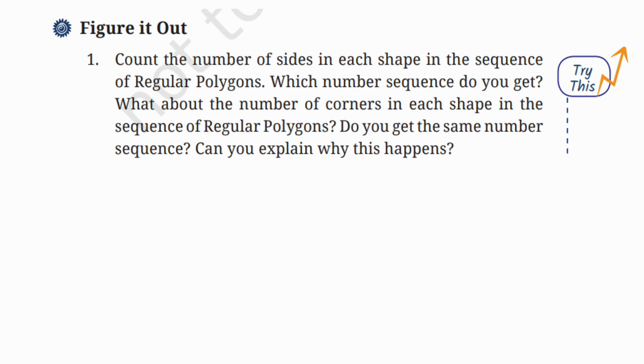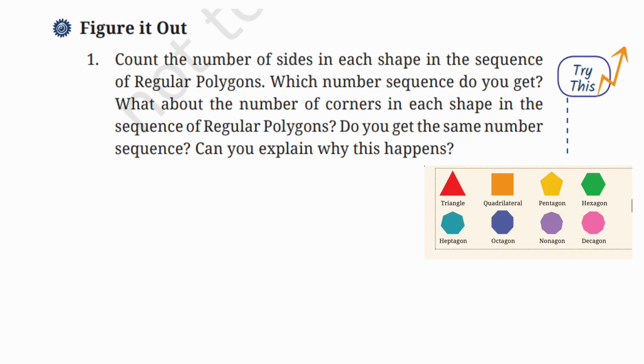So first, count the number of sides in each shape in the sequence of regular polygons. See, we have regular polygons: equilateral triangle, square, then pentagon, hexagon, heptagon, octagon, nonagon and decagon.